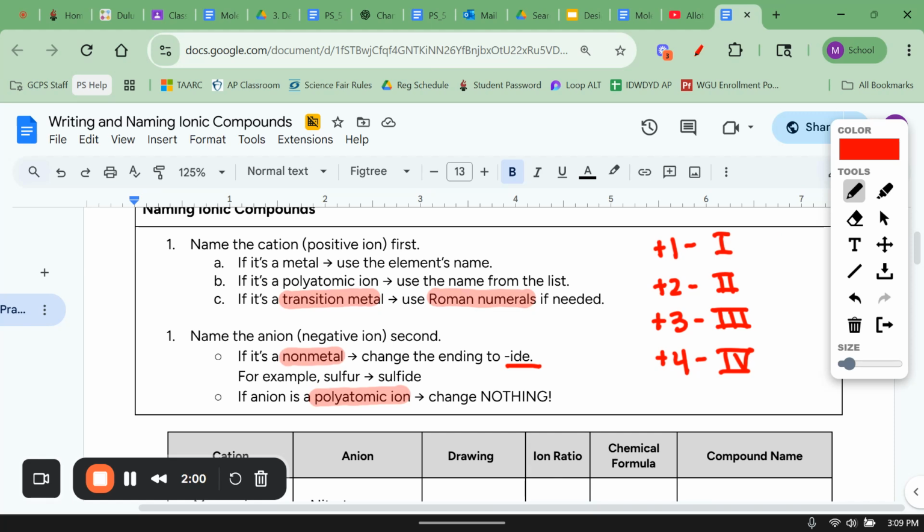All of those are nonmetal elements found after the staircase on the periodic table, and they all end in IDE. Essentially, we know where to hack the original ending off at after the first syllable. So for instance, chlorine, syllable being chlor, becomes chloride. Sulfur becomes sulfide.